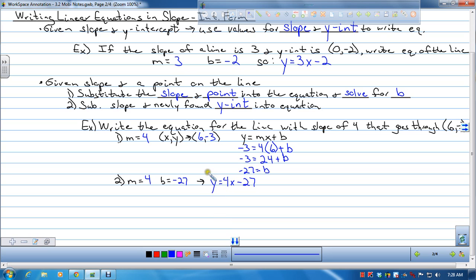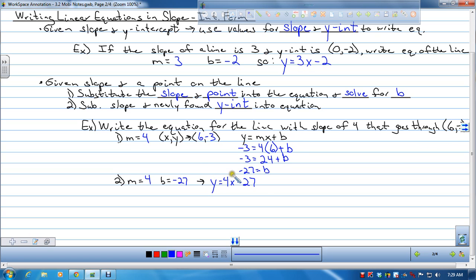Notice, when I write the final equation of a line, I always have the y and the x in there. I was able to substitute this value in for those variables in order to solve for one of the variables that I needed.